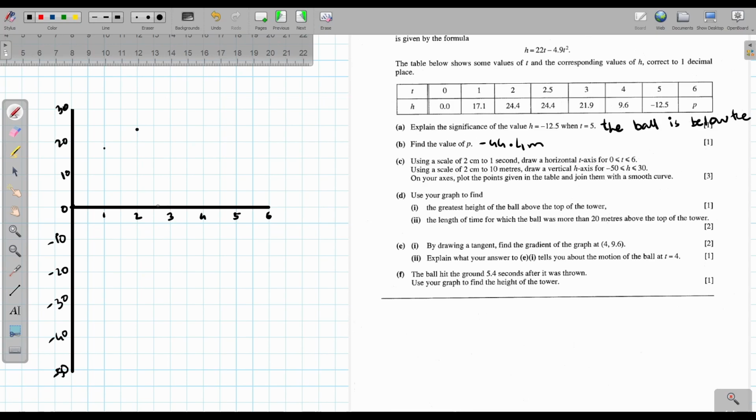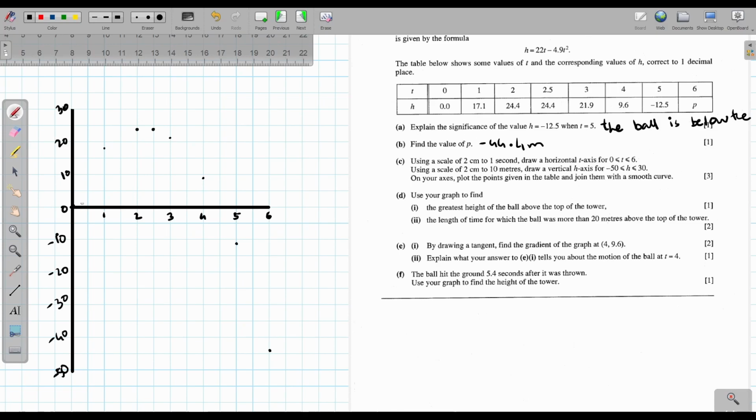Then 2.5 is still at 24.4, so it's going to be at the same point. Then 3 is at 21.9, it's going to be roughly here. 4 is at 9.6. So that's going to be here. 5 is at minus 12. That's going to be around here. And then 6 was at minus 44.4. So it was around here, 44.4.